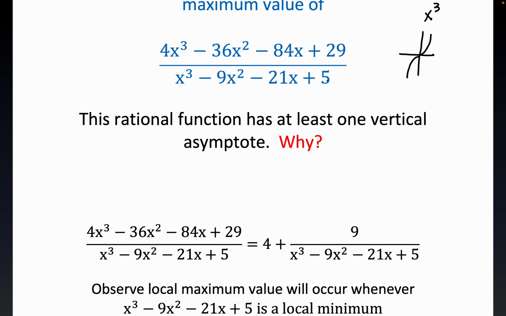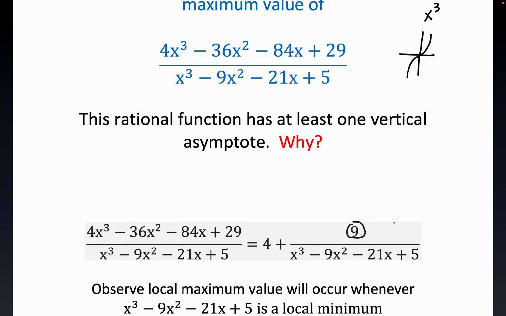And also notice that 4 times 5 is 20, and that's where you would get this remainder of 9 here. The 29 minus 20 leaves you this remainder of 9. So we didn't have to do anything too fancy to produce this remainder of 9. It's not particularly important that it is 9, but it's a constant remainder nonetheless.